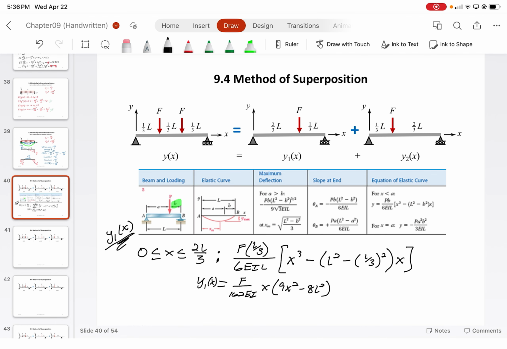Any questions about that? No? All right. Now we could do the same thing for 2L over 3 less than or equal to x less than or equal to L. How do you think we would do that, though?